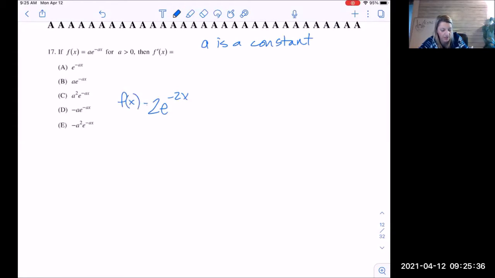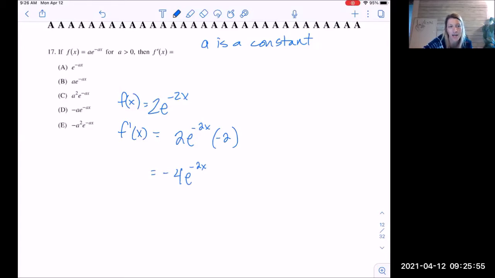If that's your function, then the derivative of that is 2e to the negative 2x times the derivative of the exponent, which is negative 2, which is negative 4e to the negative 2x. You could even do it that way and then figure out which one of those answers match it if a happened to be 2, which would be negative a squared, which should be this one.